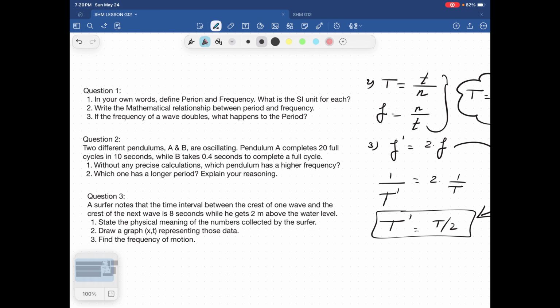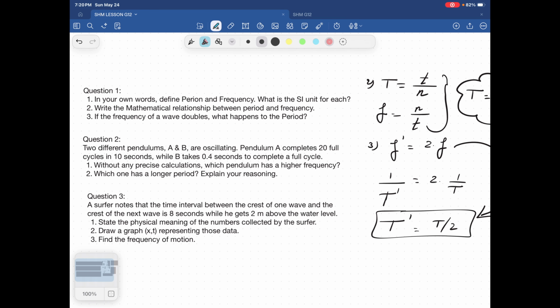And so now we know what B will do in a matter of 10 seconds, it's going to do in a matter of 4 seconds. It is going to do 10 cycles, while A is going to do 20 cycles in those same 10 seconds. And so A is doing more cycles, which means that the n of A is larger than the n of B in the same amount of time.